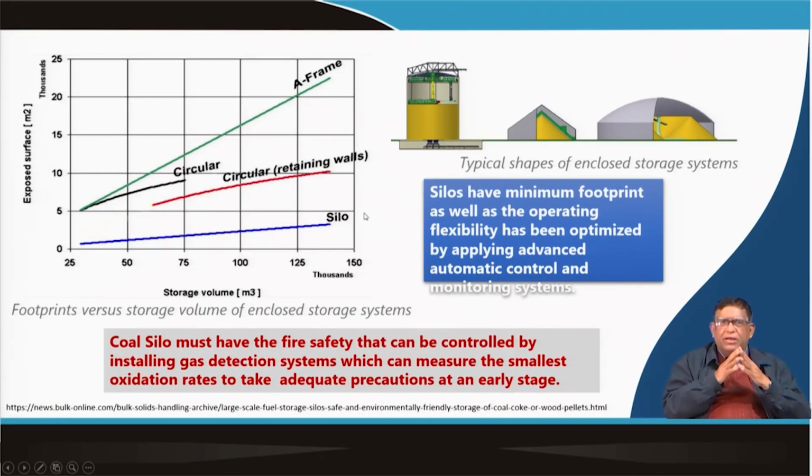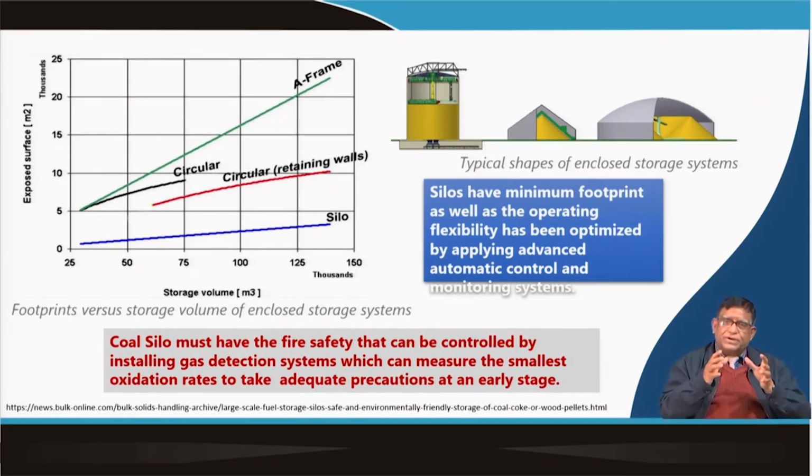So, silos have the minimum footprint, and operating flexibility has been optimized by applying advanced automatic control and monitoring systems. That means silos can now be adjusted to the requirement; even low capacity silos are nowadays coming in a modular way.